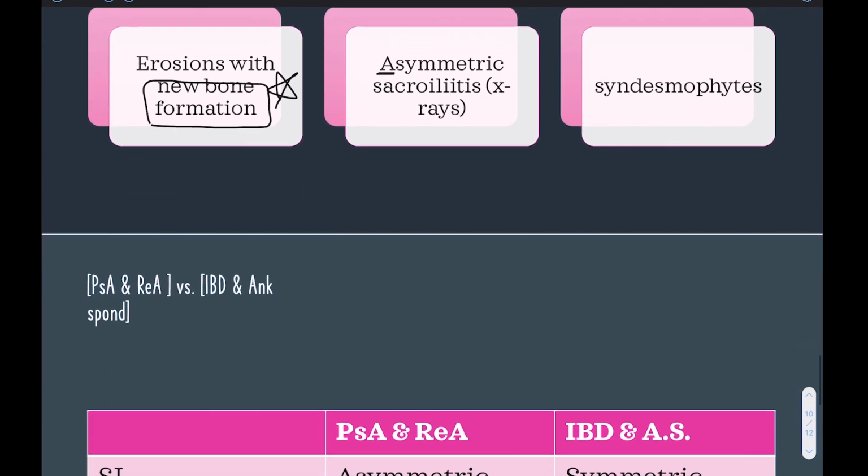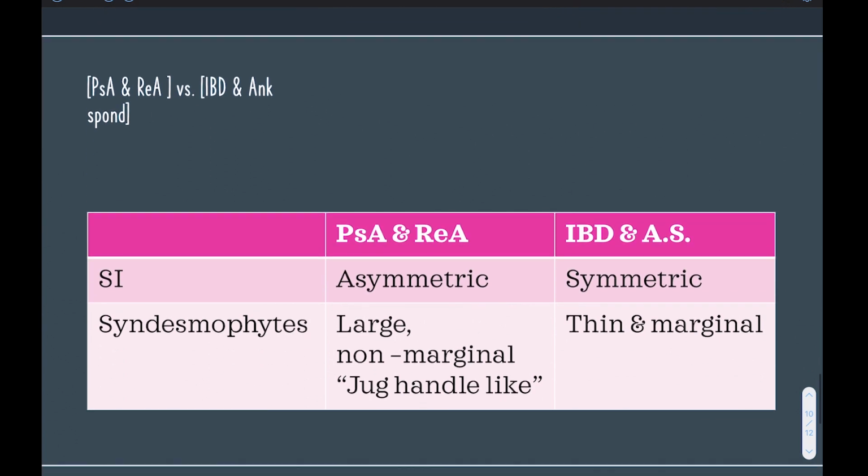One way to keep the groups organized in your head is to remember, number one, there are 4 diseases in the category of seronegative spondyloarthropathies: psoriatic arthritis, reactive arthritis, IBD, and ankylosing spondylitis. Number 2, remember how psoriatic arthritis presents: asymmetric SI joint involvement, large and non-marginal syndesmophytes. Number 3, which other disease out of the 4 that we discussed has an abbreviation that looks like psoriatic arthritis?